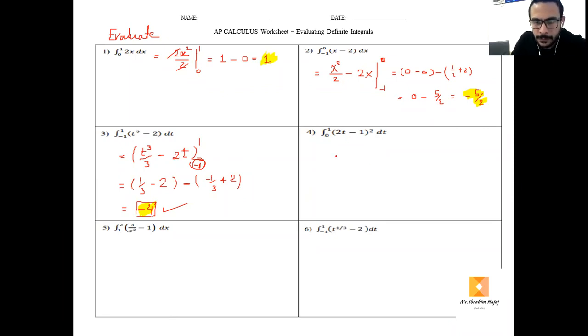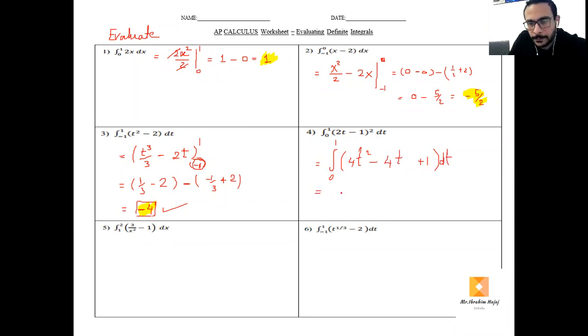Next question. 2t minus 1 squared. First you expand. So 4t squared, from 0 to 1. Expand first: 4t squared minus 4t plus 1. Integrate, dt.